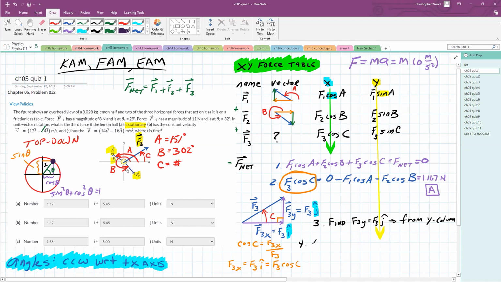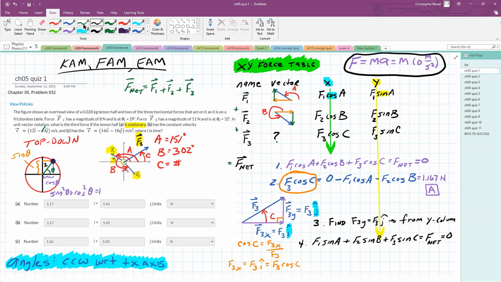F1 sine A plus F2 sine B plus F3 sine C equals F net, just like we did with the X column. And that equals 0 because of F equals MA. Again, if this is a stationary object, that means there's no acceleration, which means there's no net force. So there you go.